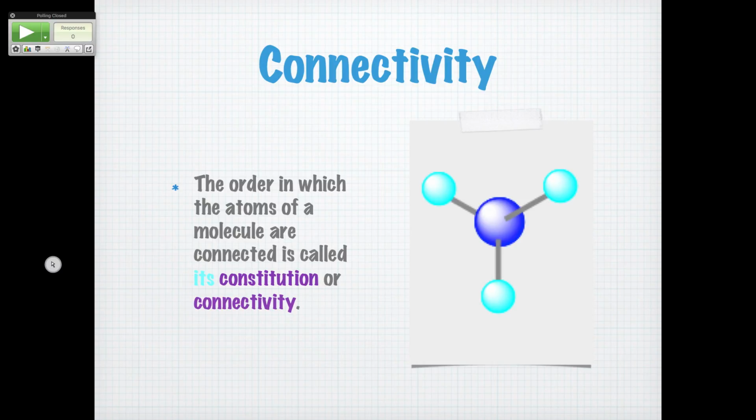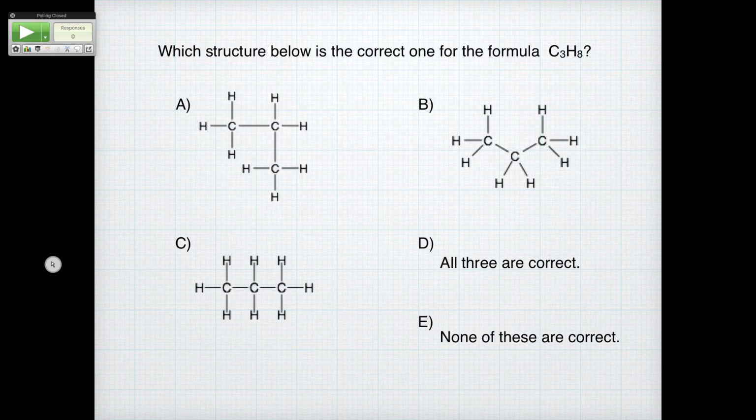So these two have different constitutions or different connectivities. So they are referred to as constitutional isomers. Okay, so up here, you're going to tell me which structure below is the correct one for the formula C3H8.